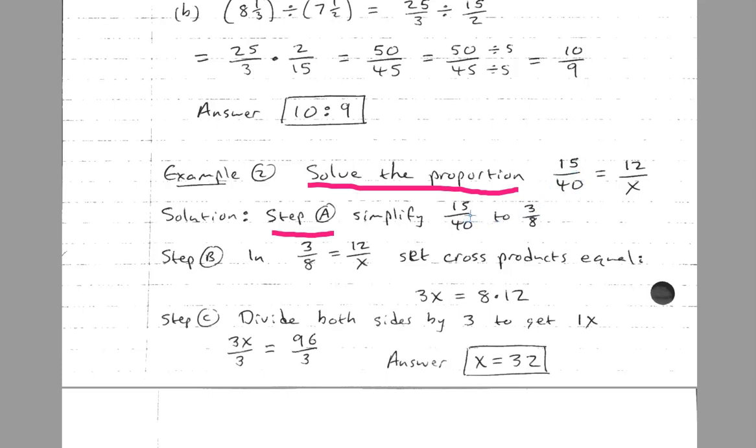Yeah, we can cancel 5's. 15 divided by 5 is 3. 40 divided by 5 is 8. So we can replace this side with 3/8. 3/8 equals 12 over x.